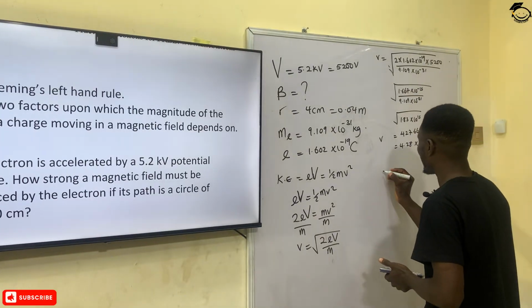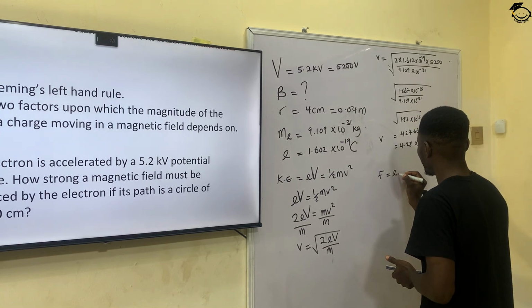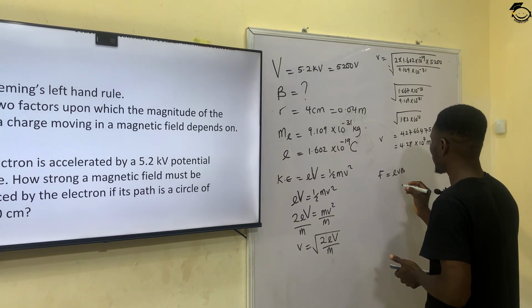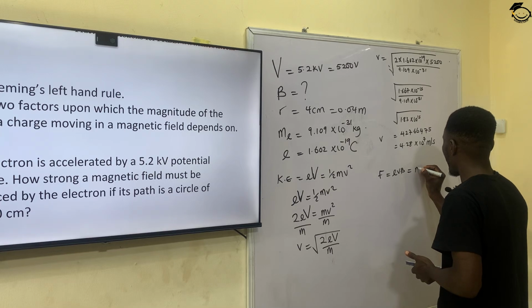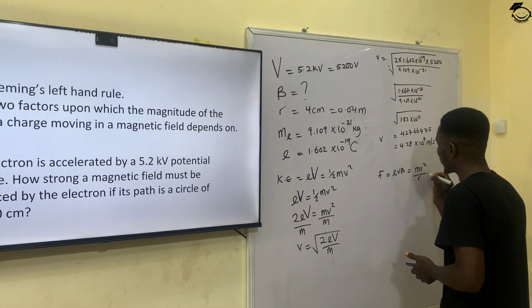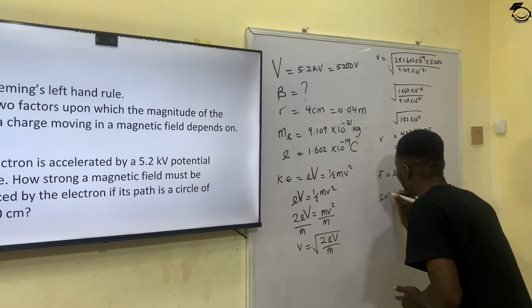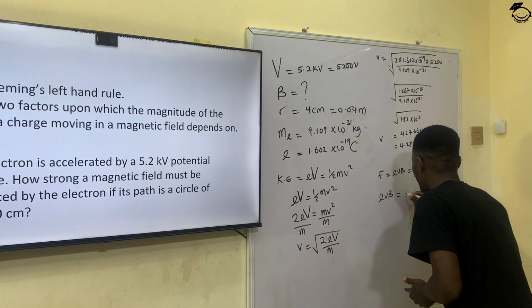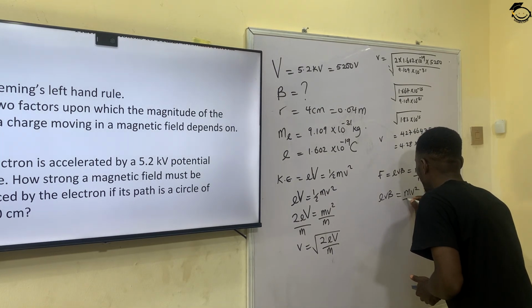So my force is equal to eVB, and I also know that my force is equal to mv squared over r. So this means that eVB is equal to mv squared over r.